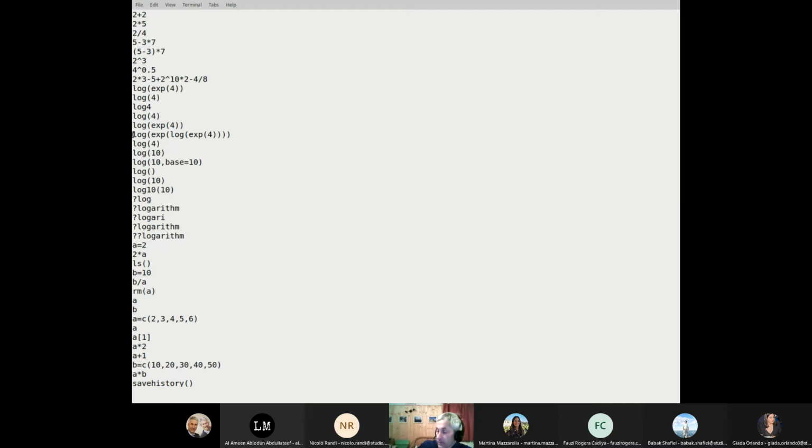Okay, one more thing. We saved something. Where did we save? It is extremely important to locate the files that you saved, because you may need to reload them. And if you don't locate the files, you cannot reload them. So you should have a menu called File, which I don't have.